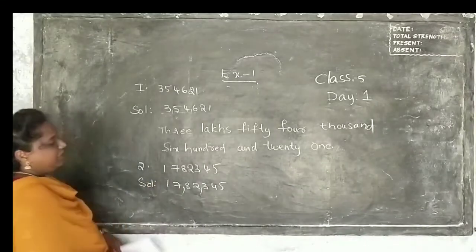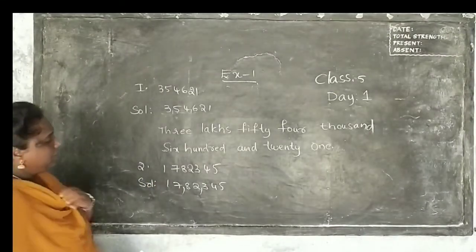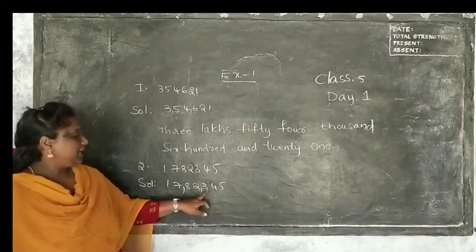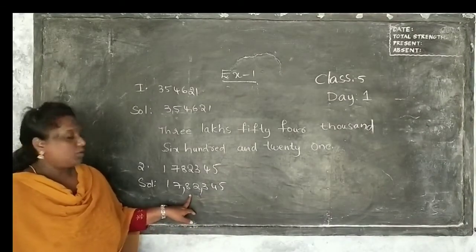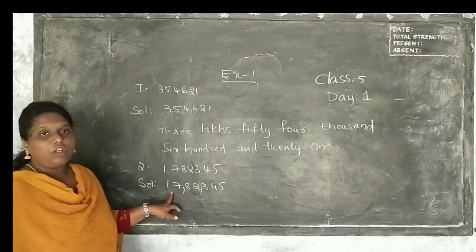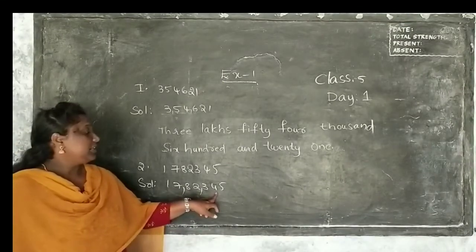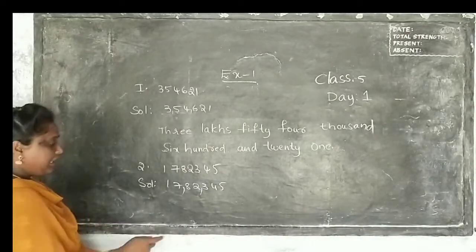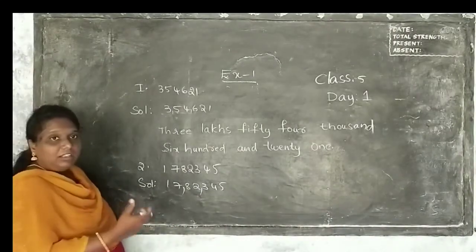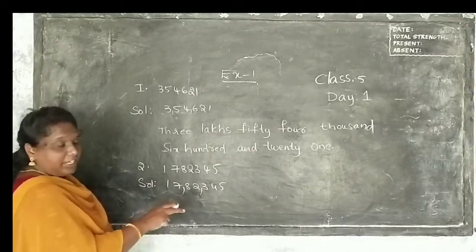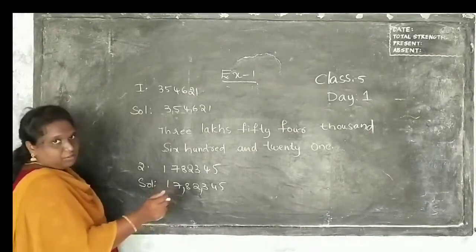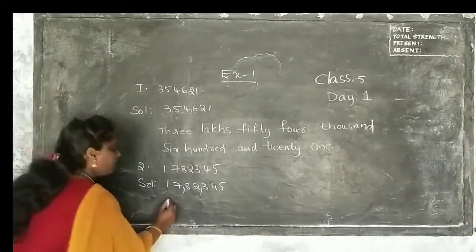Okay. So here, see here, beta, in the ones column 345, thousands column 82, lakhs column 17. So 17 lakhs 82,345. We have to write what we read, that is, write in words. What we read: 17 lakhs. We know the spelling of 17. Write down.